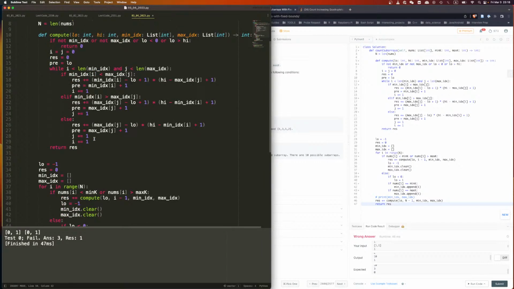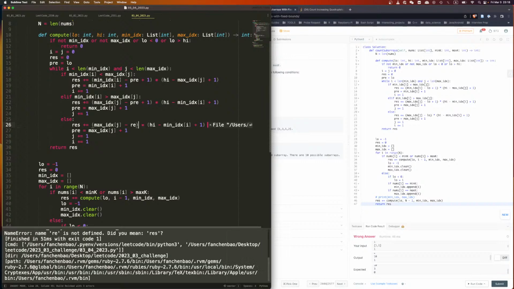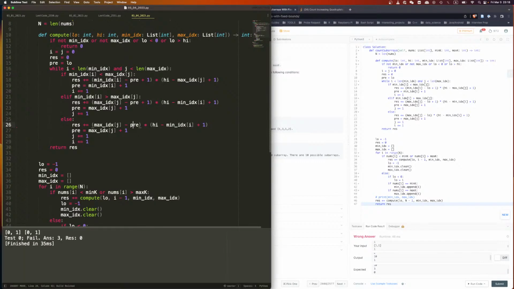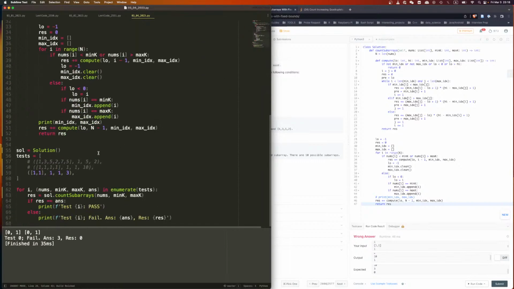Oh, I just realized something. This is not supposed to be low. This is supposed to be pre. That's still wrong, but let's check the other two.